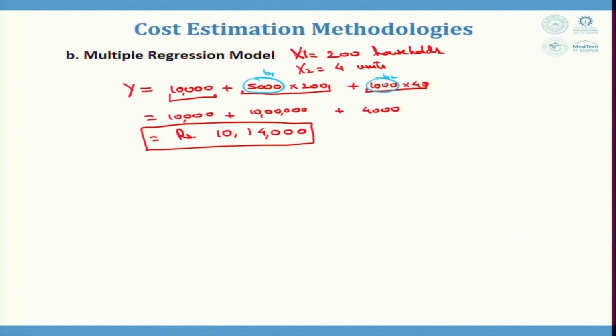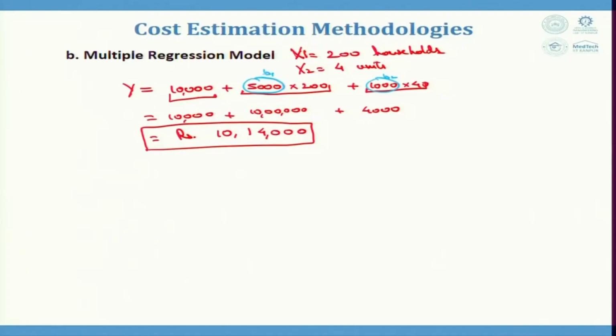With even 1 unit increase of B1, 5,000 rupees cost increases for the product that I am trying to talk about. With even 5 times increase in B2, for example, from 4 to 9, then only contribution would be 5,000. So, here B1 is a major contributor. So, this depends because B1 is larger than B2.